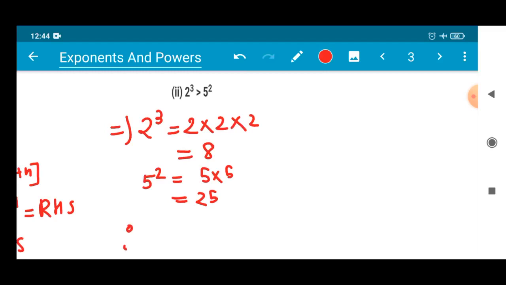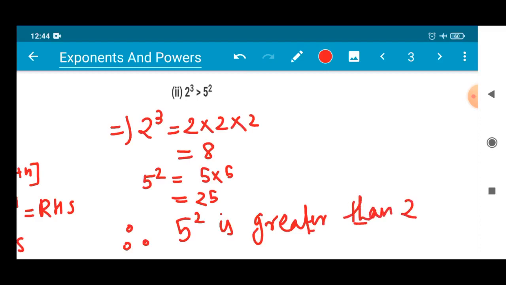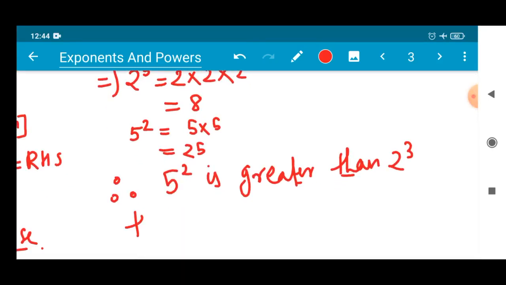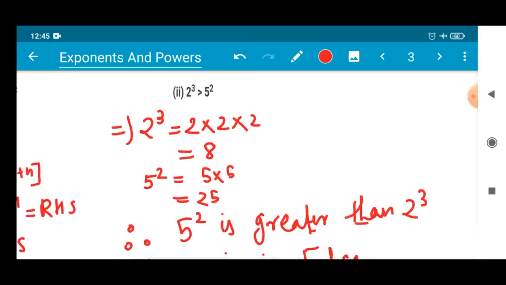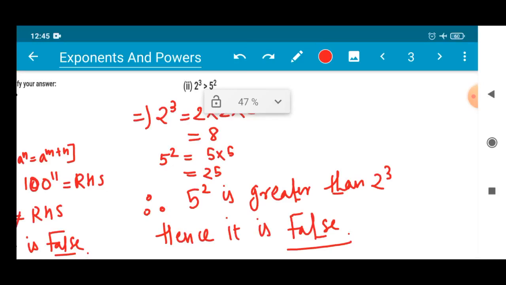So therefore, 5 square is greater than 2 cube, hence it is false, right? We got that 5 square is greater than 8, that is 25 is greater than 8, which is 2 cube. That means the statement given to us is wrong, that is false.